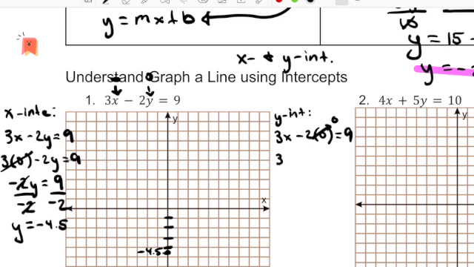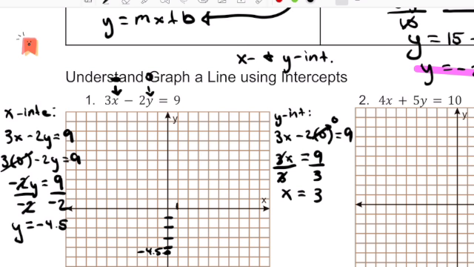So now we have to copy down the rest. 3x equals 9. That's what we're left with. And now we're solving for x. So we need to divide 3 out of 3x and do that on both sides. The 3s cancel each other out. So now we have x equals 3.